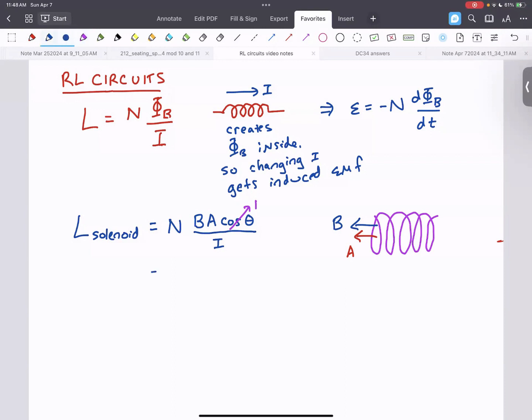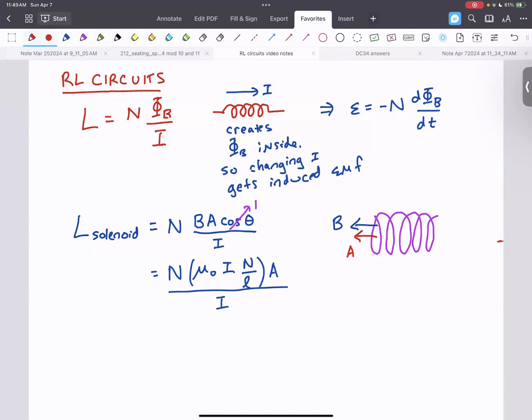Then we can plug in for our magnetic field from a solenoid, which from the equation sheet is mu naught times I times little n, and remember that equals N divided by the length of the solenoid. I'm now going to use curvy L to denote that length so that it doesn't get confused with capital L for inductance. And then I'm going to multiply that by A because of the A in the equation above, and then divide by I. So I've just plugged in for B.